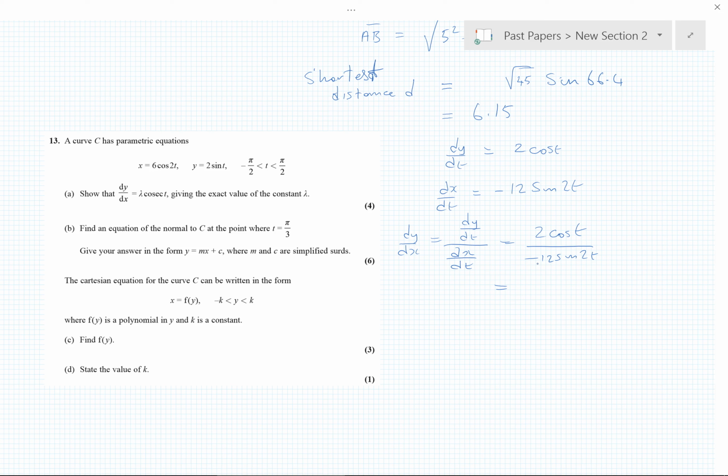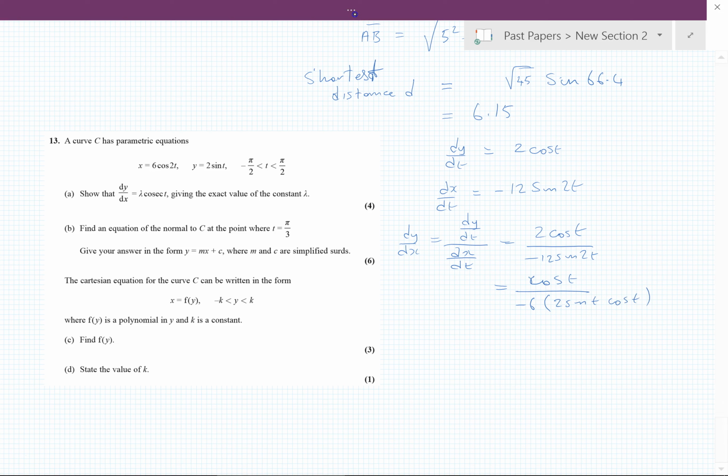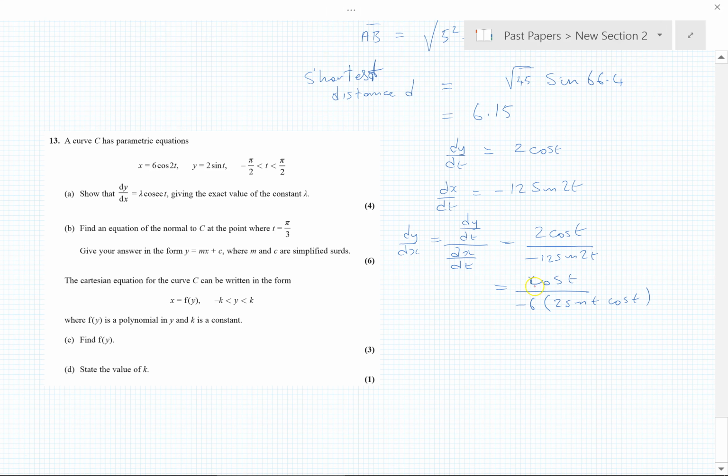So we've got cos t on top. We've got minus 6, but the sine 2t is 2 sine t cos t. Okay, and the cos t cancels.